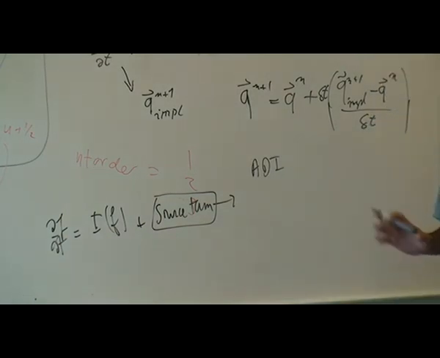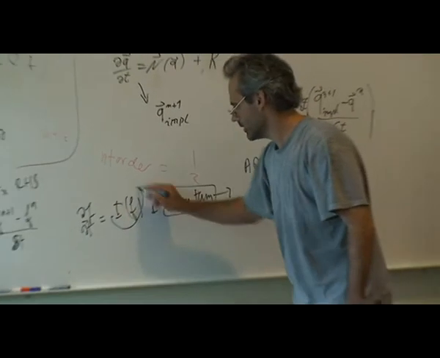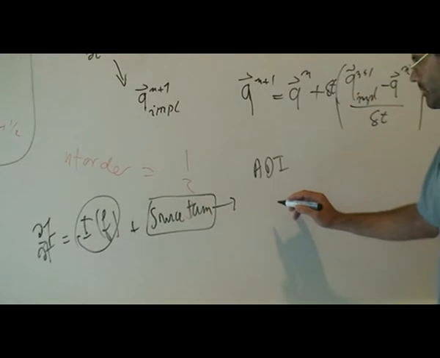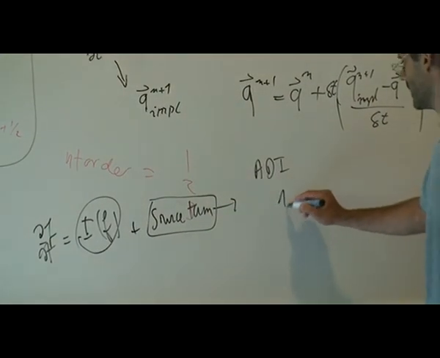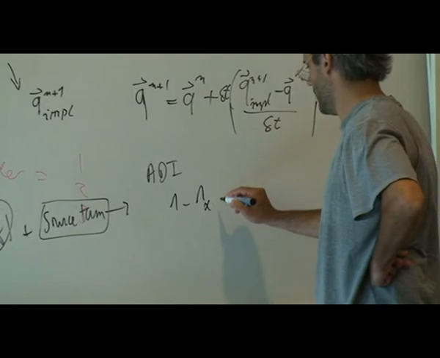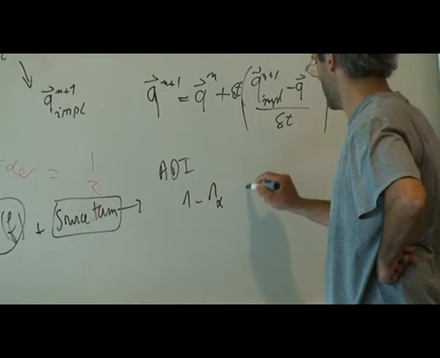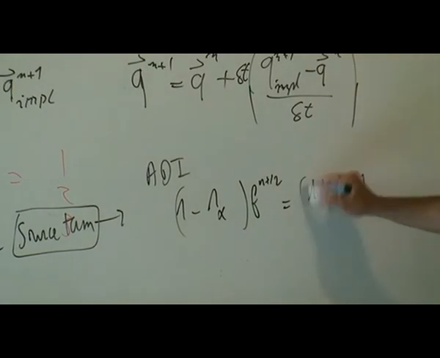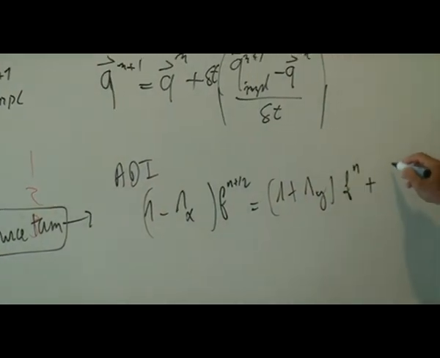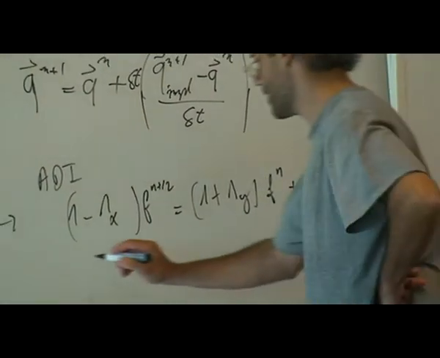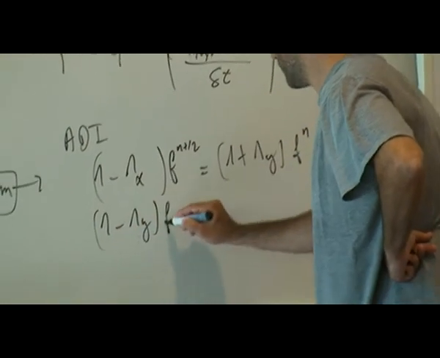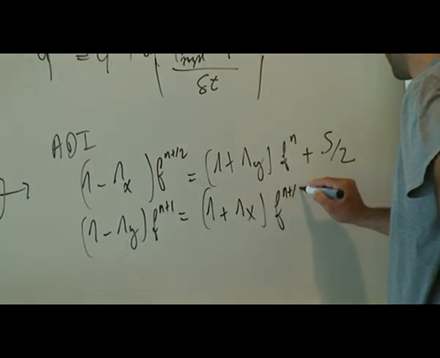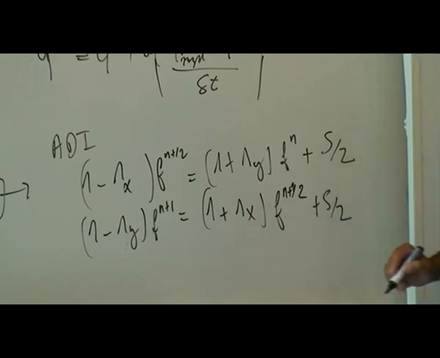In 2D, yes. Otherwise, for the moment, this one deals with what we do, the Jacobian Rosenbrock method, which means that finally you have something like this: 1 minus lambda x applied to f n star equals 1 plus lambda y fn plus the source term divided by 2 in the x direction, and in the y direction it's this one, with the source term divided by 2.